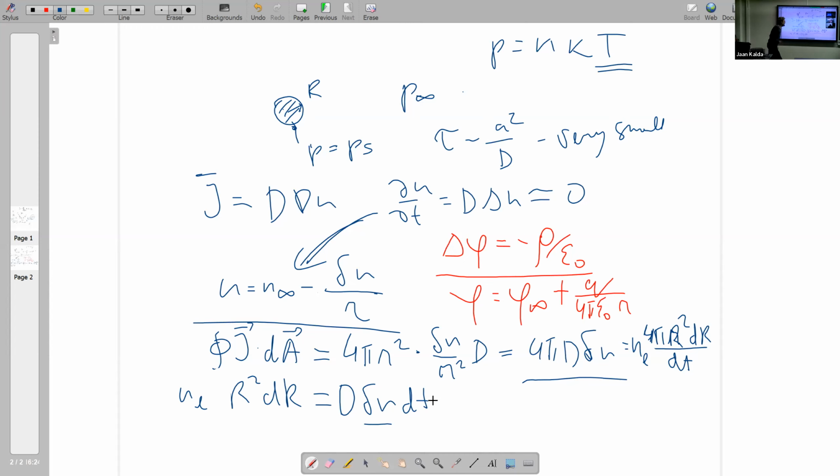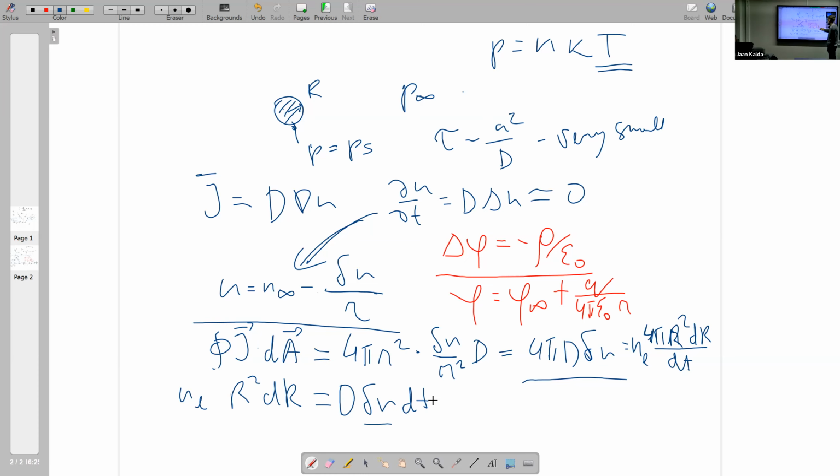We have an analogy between the concentration of molecules, the oversaturation here, and the Laplace equation in the electrostatic case. Both are expressed as Laplacian of n equals 0 or Laplacian of phi equals 0 if we have no charge.